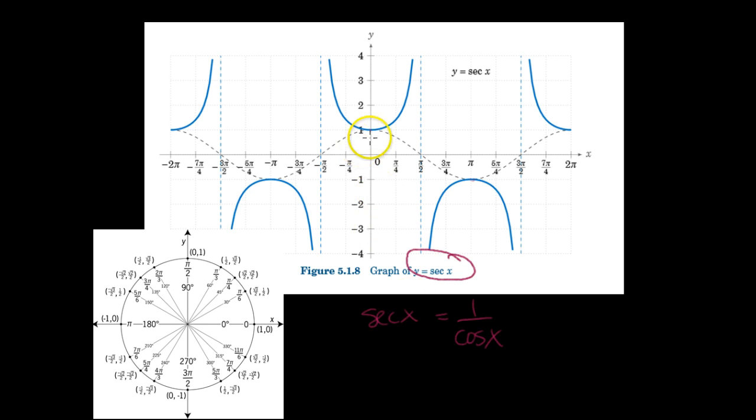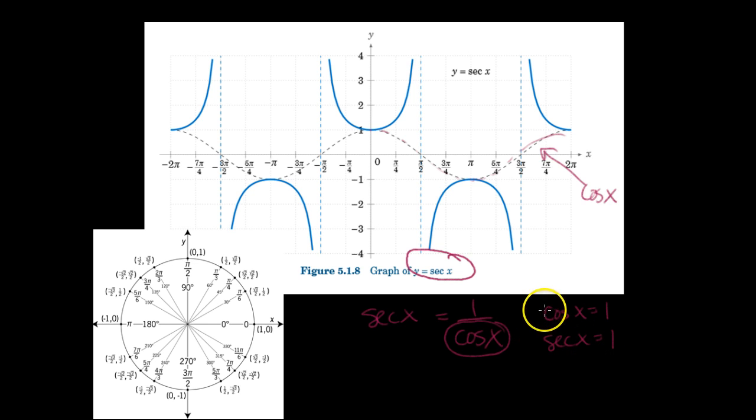A beautiful thing, if you recognize these dashed lines, this graph right here is cosine of x. They use that to graph it, because cosine of x is in the denominator here, right? So when cosine of x is equal to 1, you know that secant of x equals 1.